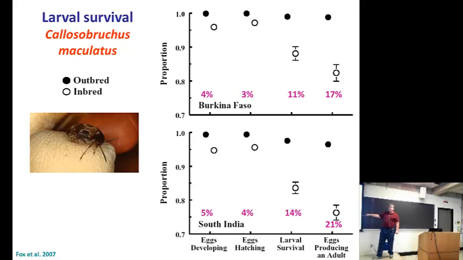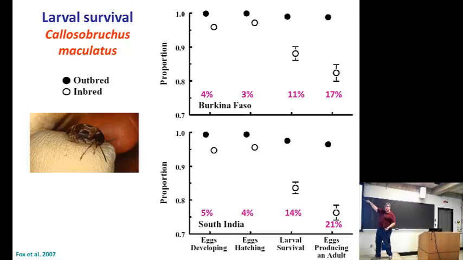Top panel is one population, bottom panel is a different population of beetles. All of my experiments are done on these same two populations of beetles, and so there's always two sets of data on every slide I'll show you. So eggs are a little bit less likely to develop at all, meaning the embryos don't even form if they're inbred. If they develop, they're still less likely to hatch.